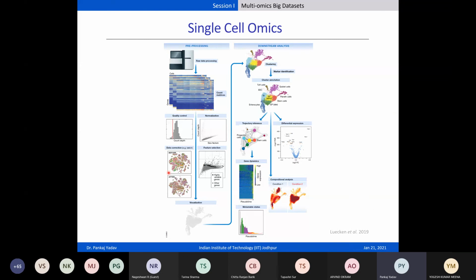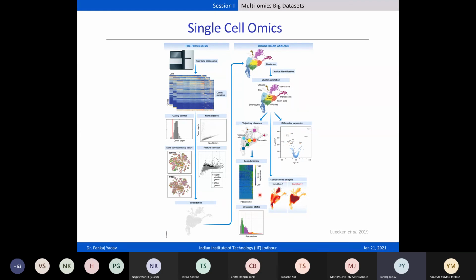I was also talking about single cell omics. I don't have much time, but maybe some other time I will take you through the single cell omics data, where a lot of work is happening from the Human Cell Atlas data portal that I showed you. So many things can be done with single cellular data. You can have trajectory inference, differential expression from one cell to another, clustering, and compositional analysis to identify which genes are expressed in a given condition or in a given set of individuals.